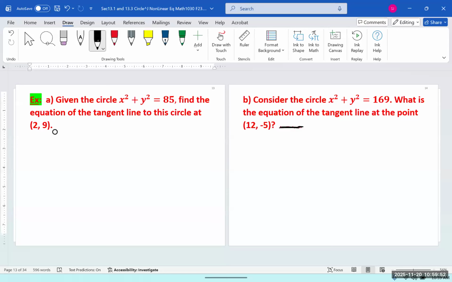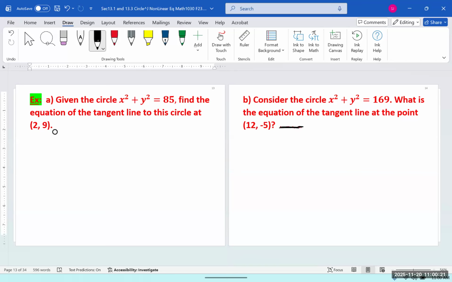Good. Sure. So, yeah, that's okay. And then parentheses, x minus x1.